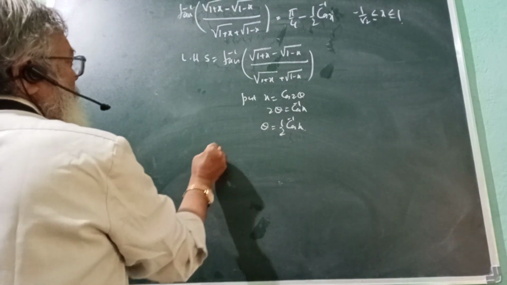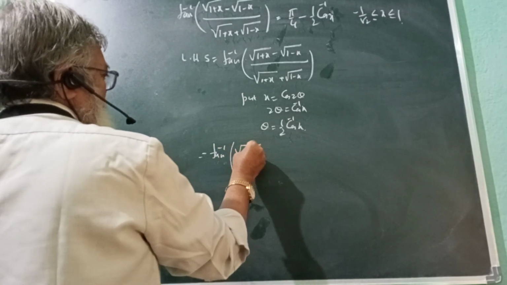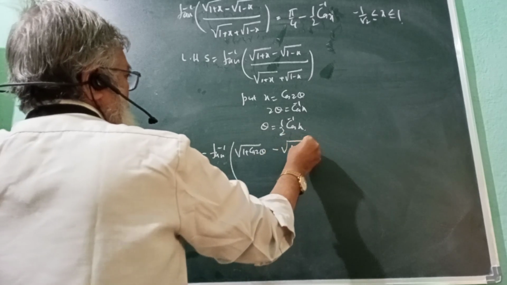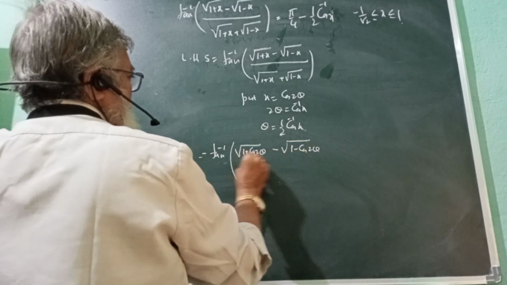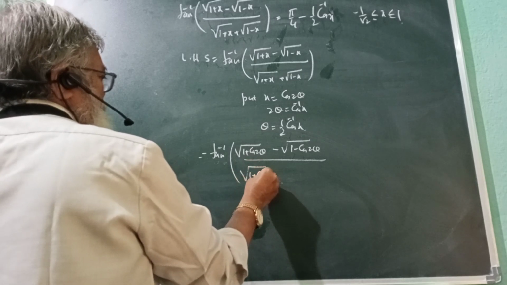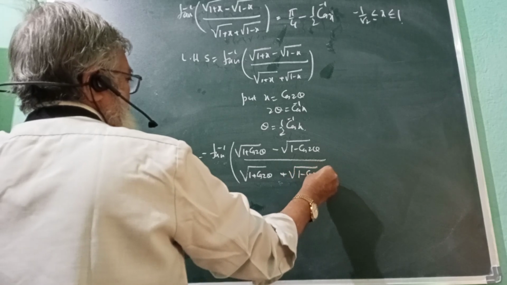That is equal to tan inverse of root 1 plus cos 2 theta minus root 1 minus cos 2 theta divided by root 1 plus cos 2 theta plus root 1 minus cos 2 theta.